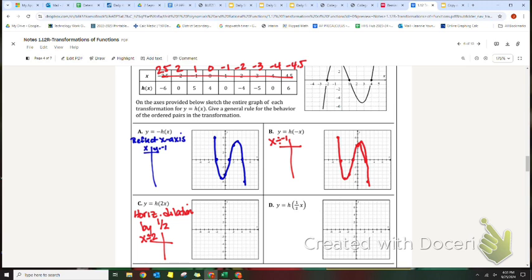So I'm going to take all of my x values, and I'm just going to divide them by 2 or multiply by the 1/2. All right, so let's see, divide by 2, divide by 2, and so on for each value. And then we can plot those points.